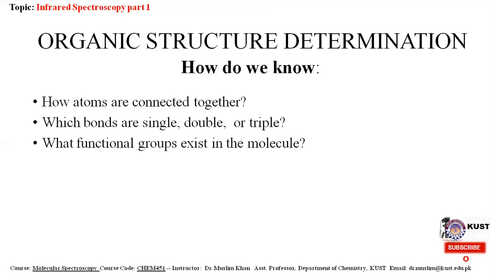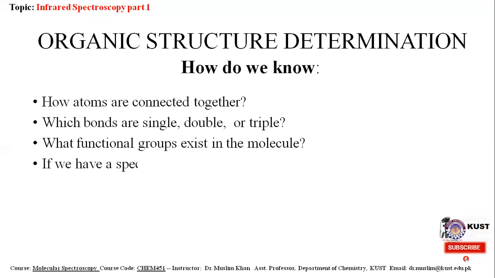For example, if OH is attached, this is an alcoholic group. Carboxylic acid is a carboxyl group, or ketone or ether or any functional group attached in this compound.